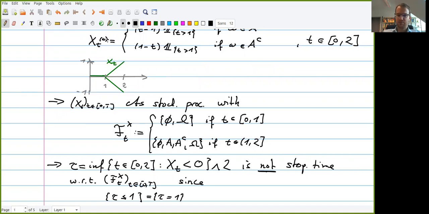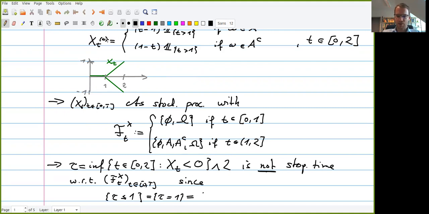Right? Because before that, I am constantly equal to 0, so I'm not strictly less than 0. The first time where this can happen is at time 1. But the event that tau is exactly equal to 1 means I'm going down here, so I'm becoming negative directly after 1.